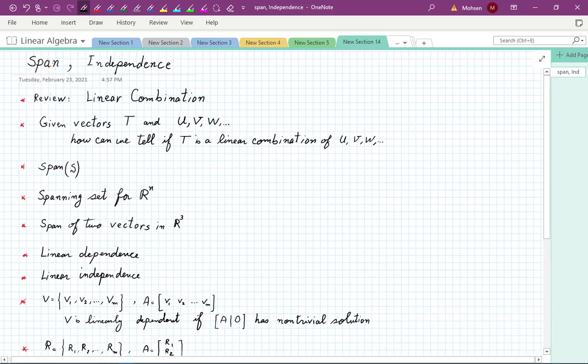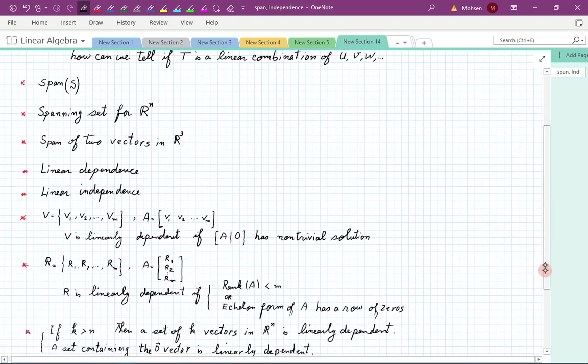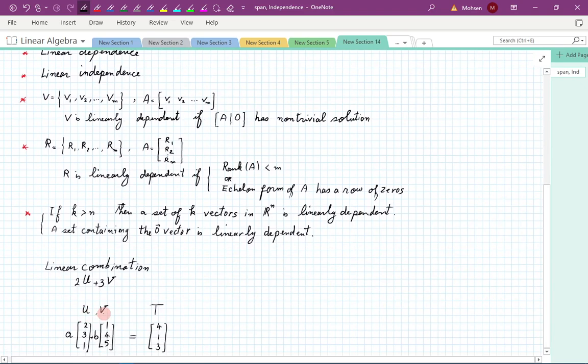Span is the set of all the target vectors you can make out of a certain set of vectors. Then the idea of independence comes in. If you have some building blocks, sometimes you might think some of them are redundant. They can be kicked out, removed from the game, and you can do everything you could do with the other ones. That's the general idea of independence.